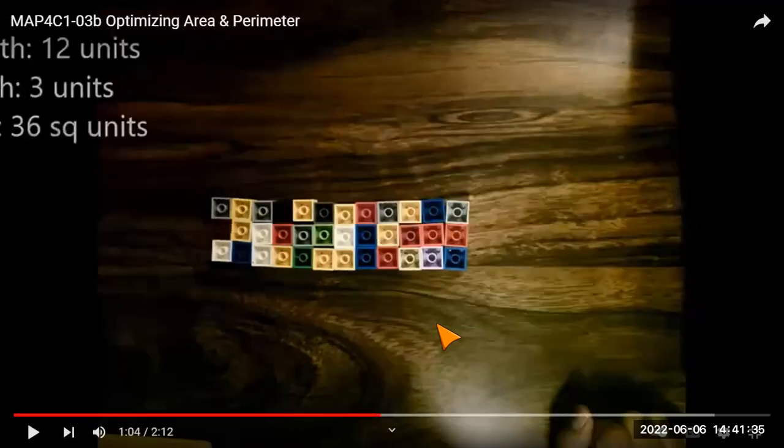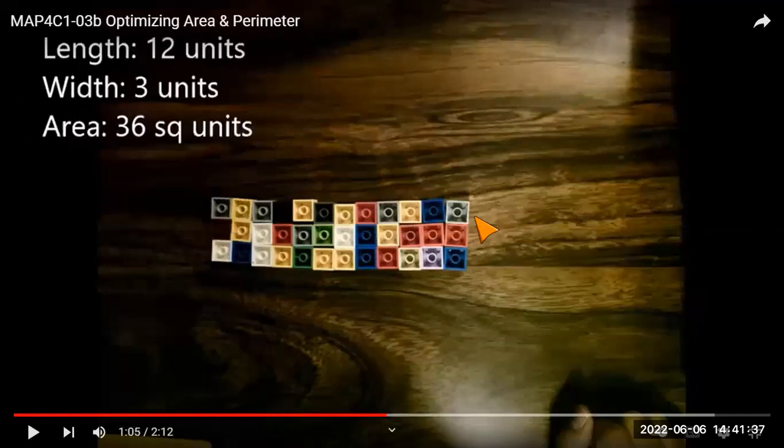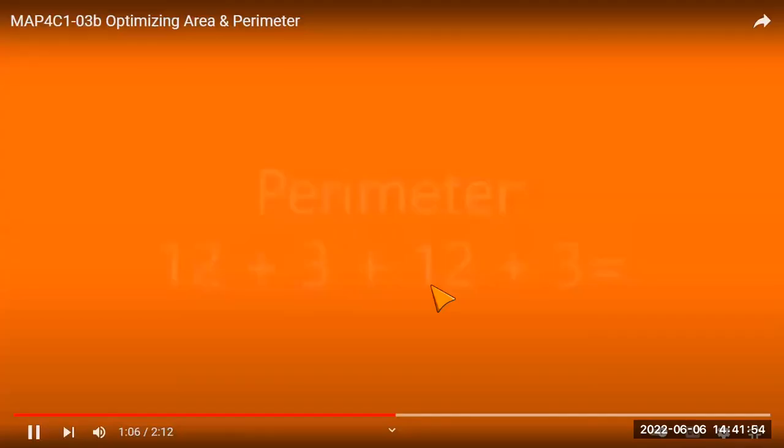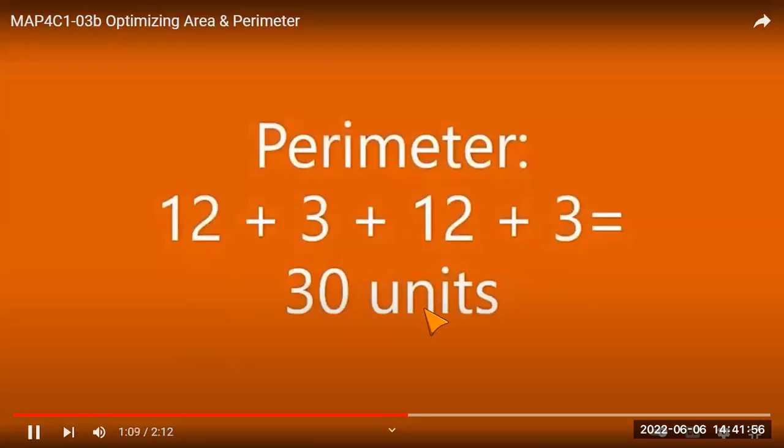Okay, let's say I had 3 rows of 12. The area is 36 units again, but my dimension is now 3 by 12. And so my perimeter is going to be 30 units.